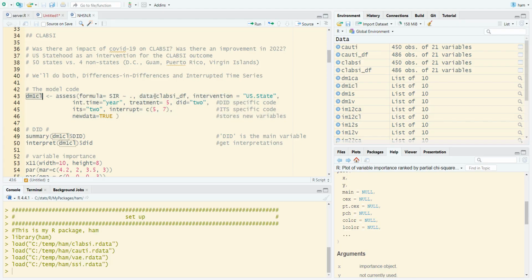Within the DM1CL object, if you select new data equals true, you're going to find data with all of those variables. The differences data is not too hard to replicate on your own. It's just the interaction. You just want to make sure to do that interaction.